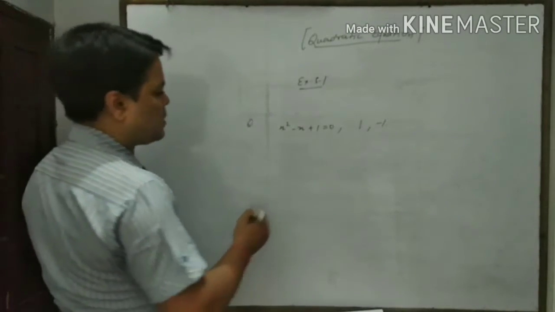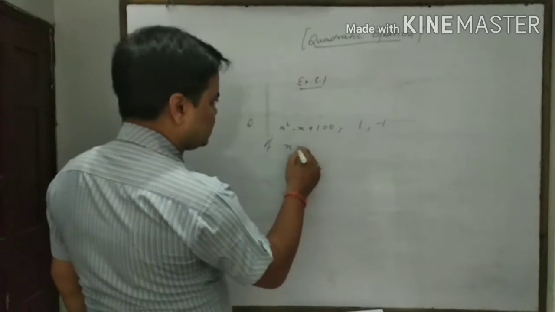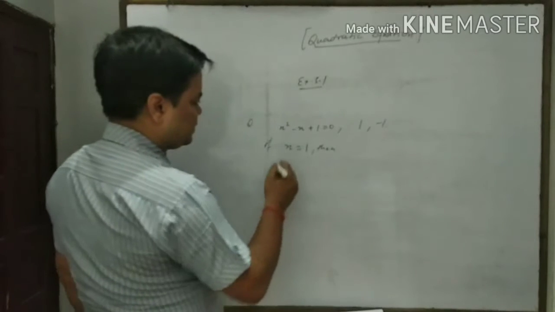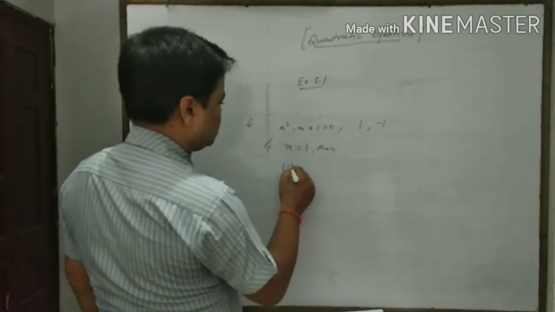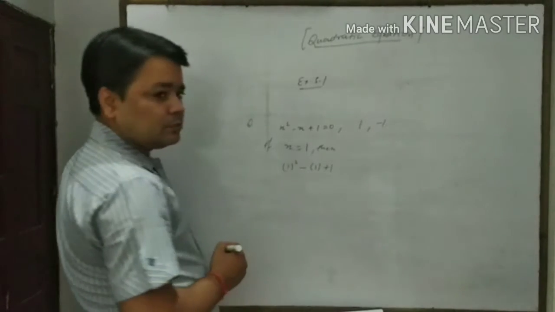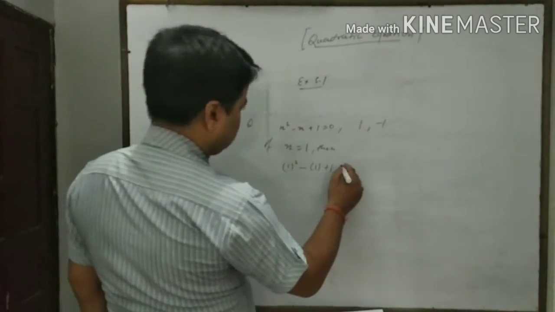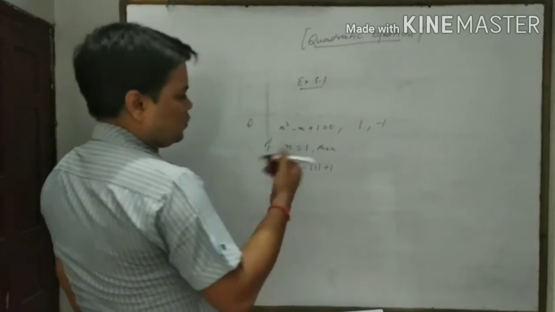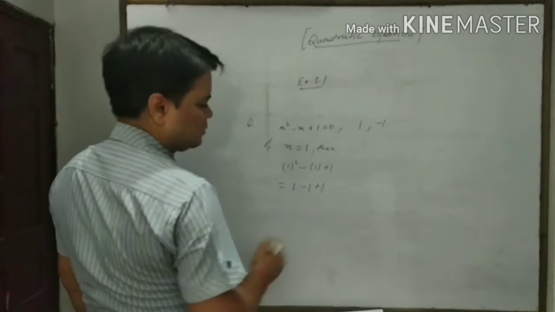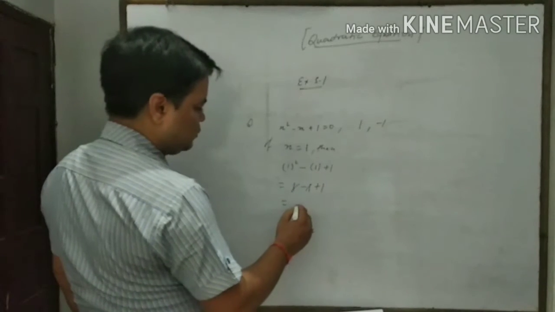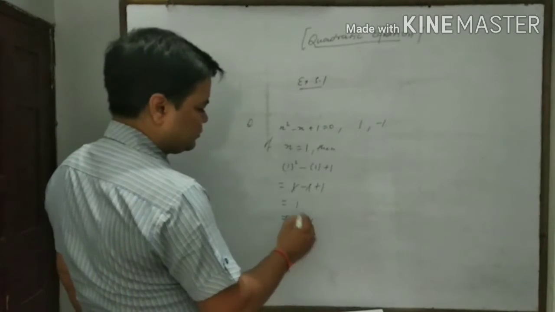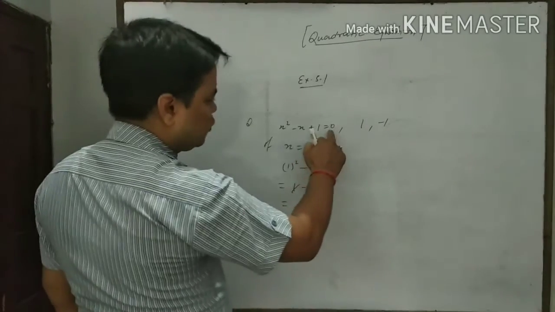Okay. Now if x is equal to 1, then we find that 1 whole square minus 1 plus 1 is equal to, so here 1 square will be 1, minus 1 plus 1, cancel, is equal to 1, which is not equal to the right hand side, because the right hand side is what? 0.